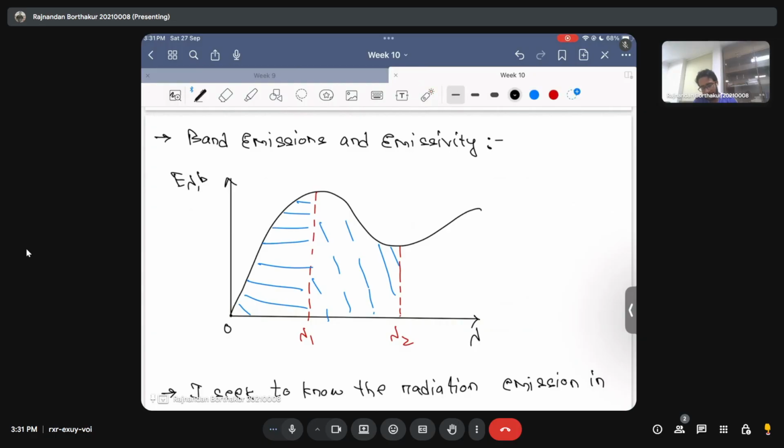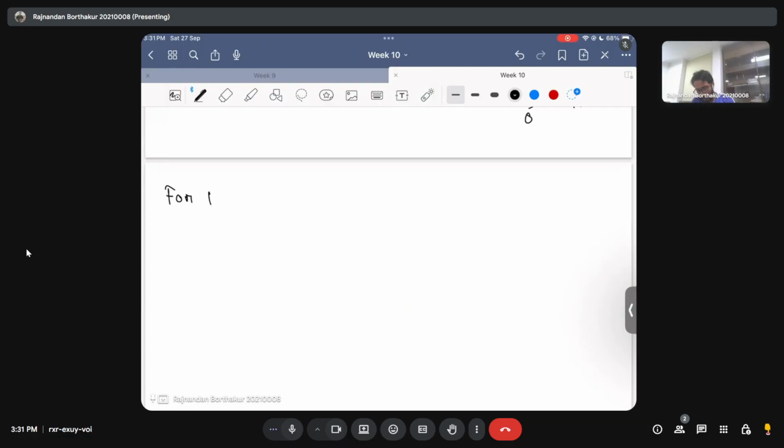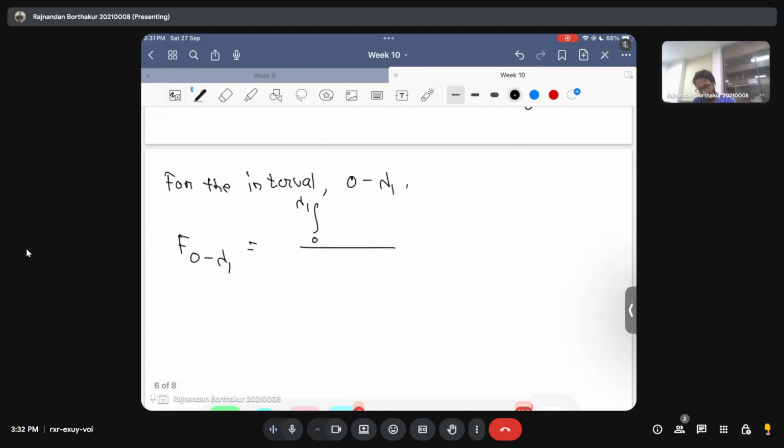Okay, so for instance, as I said, let's say for the interval 0 to lambda 1, my band emission function would then be defined as f 0 to lambda 1, and this is nothing but, if I integrate the spectral emissive power E_b lambda, which is of course a function of lambda, from 0 to lambda 1, d lambda, divided by the integral, that is the total emissive power for all the possible wavelengths, which is integral 0 to infinity E_b lambda as a function of lambda times d lambda.